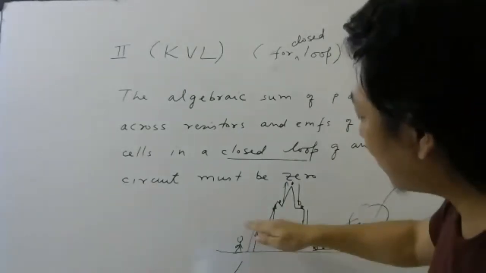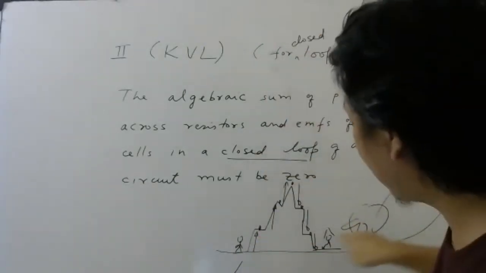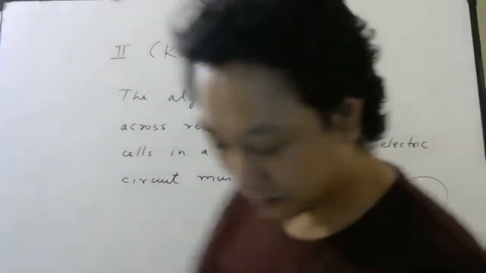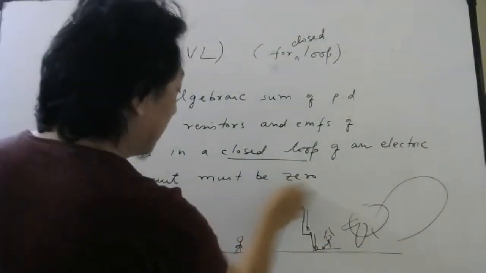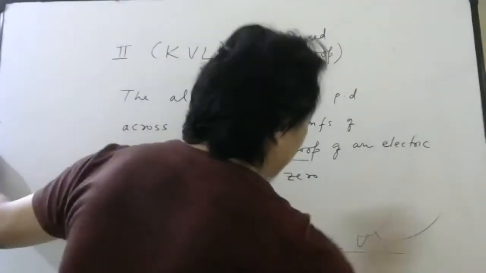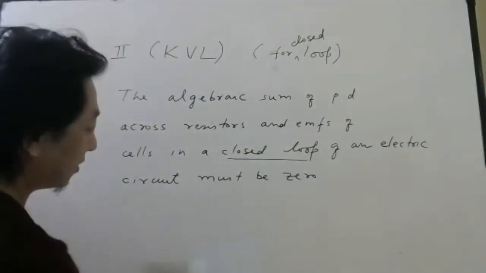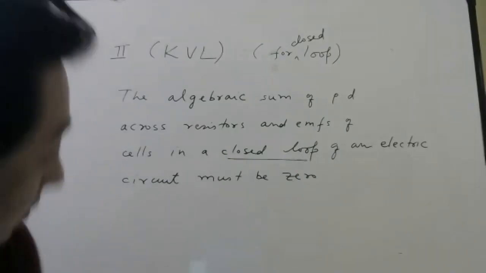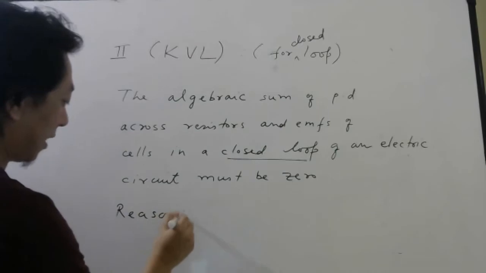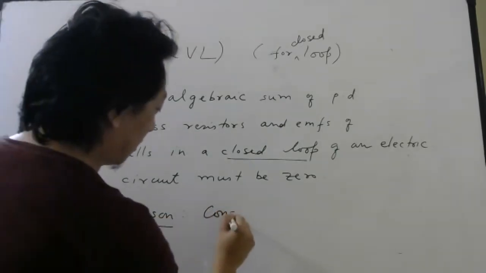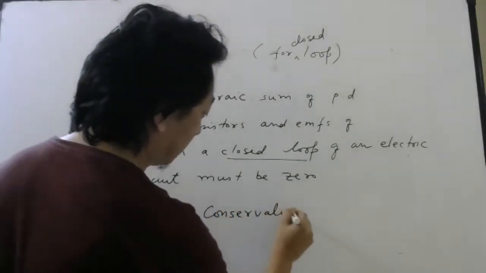If this person keeps going up, then how will he come back to the same level? So that is the concept behind this. So if they ask you what is the consequence of this or what is the physical significance, if they ask you the reason behind this for 1 mark, you write conservation of energy.